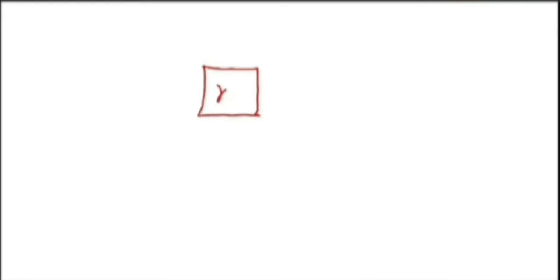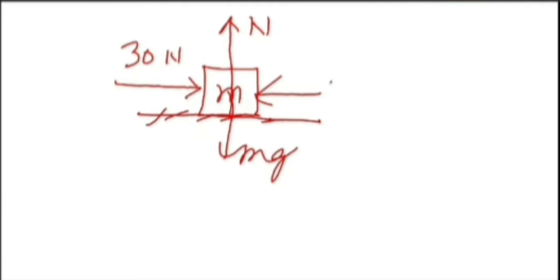For example, a block is kept on a smooth horizontal plane, and its weight is mg, acting vertically downward. Then the ground will also apply the normal reaction, and there are two forces, one having magnitude 30 Newton and another also having magnitude 30 Newton, acting along the horizontal.